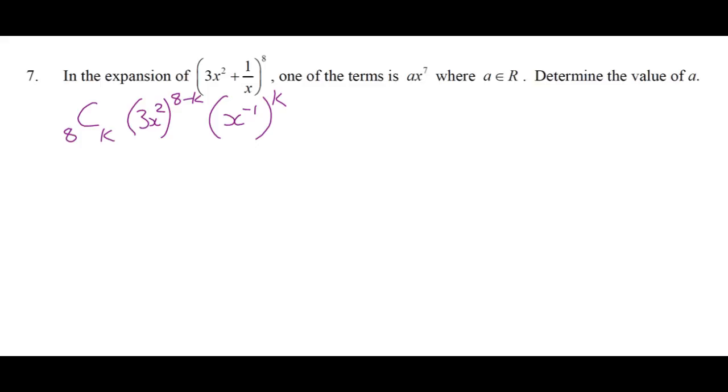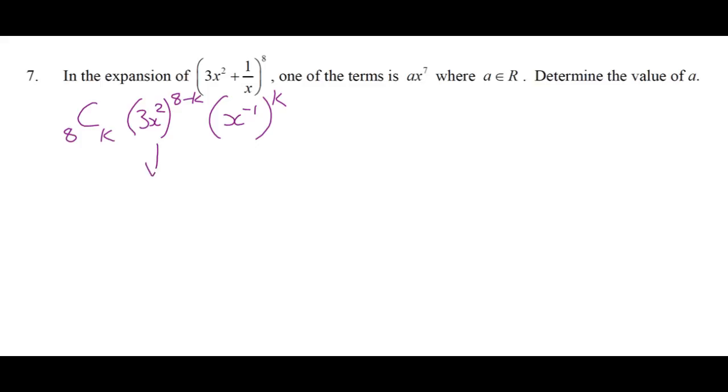Is n choose k, so this is n choose k, there's your n. A to the k, I think they use an a, so this is your a. A to the n minus k, so 8 minus k, and b to the k. And we're rewriting this with that. And we say, okay, I need an x to the 7th, right? So let's strip off all, I don't care about the 3. The 3 doesn't affect what the power of x is.